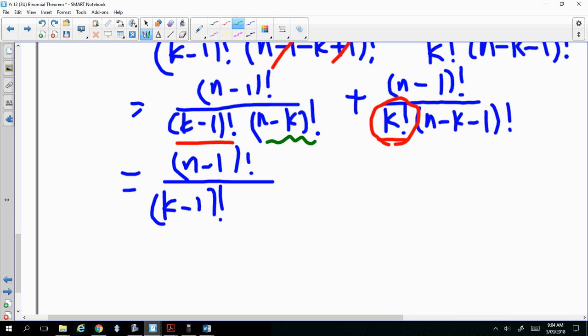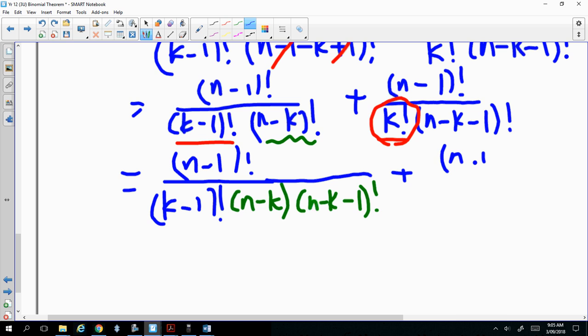N minus k minus 1 factorial. Unroll this. Okay? Same thing for the other one. We're going to unroll the k factorial into k, and then k minus 1 factorial. Okay? But the second one do not change.